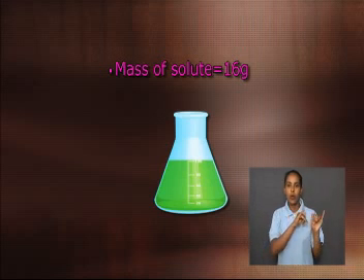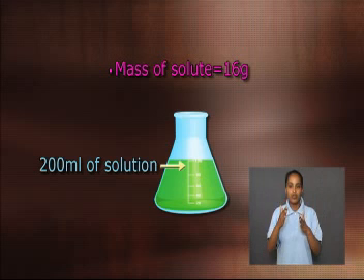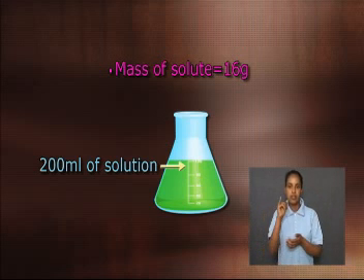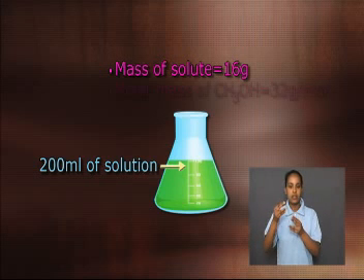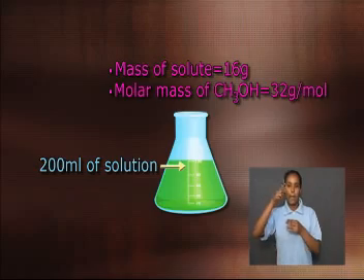We also know that the volume of the solution is 200 milliliters, and that the molar mass of methanol is 32 grams per mole. We will now use this information to determine the molarity of the solution.